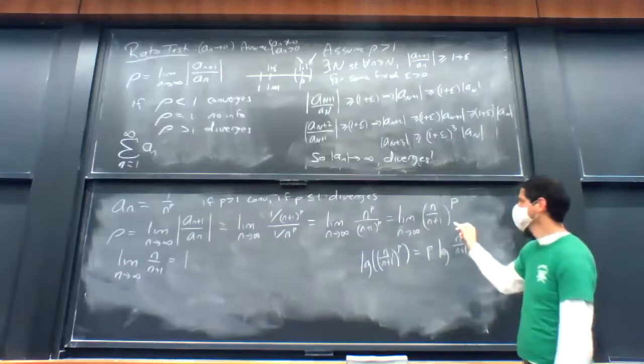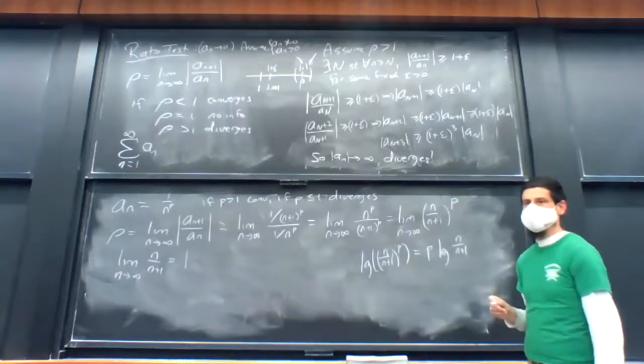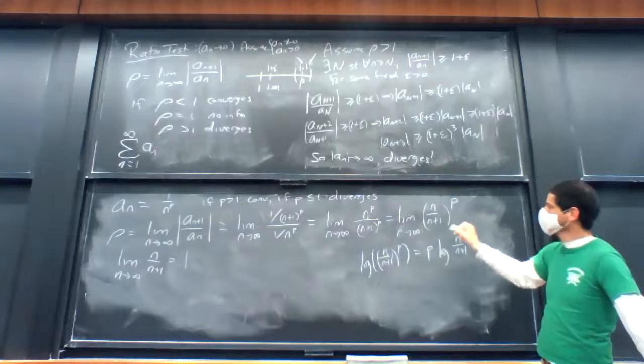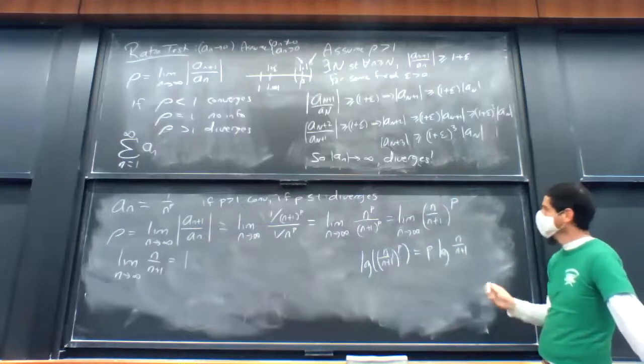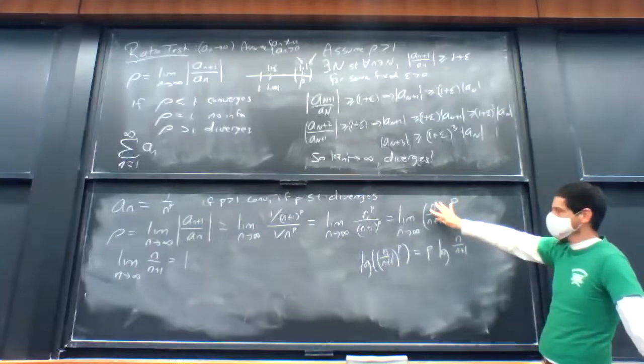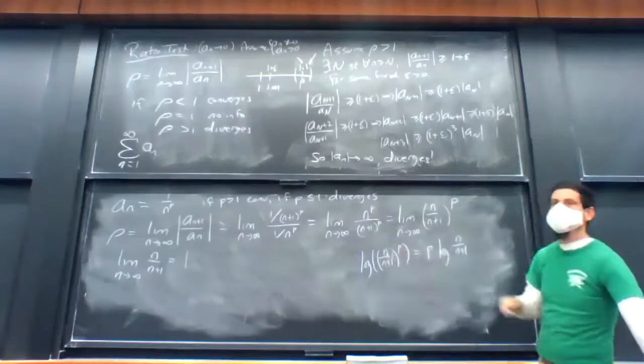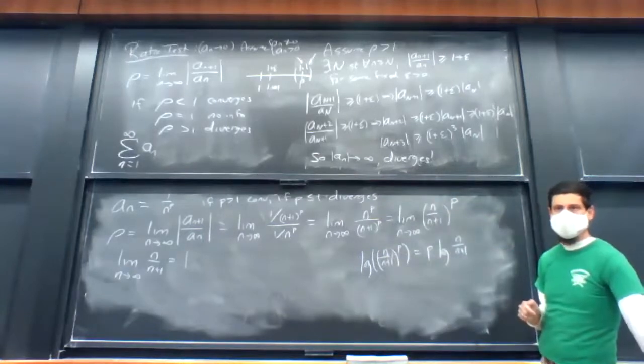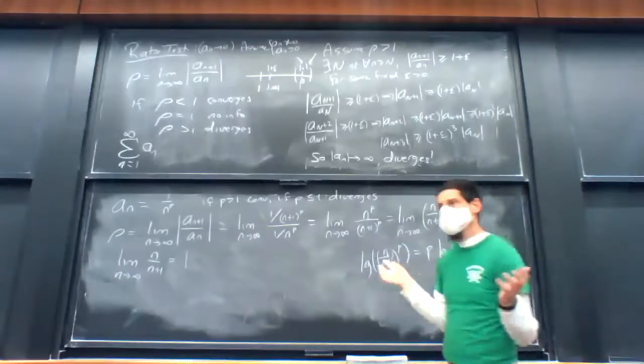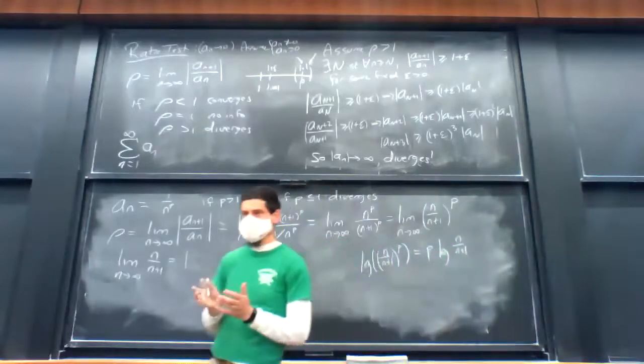And so, no information. If I go through this trick with logarithms, rather than looking at this quantity, let's study the limit of its logarithm. If I know the sequence converges to 2, then its logarithm converges to the log of 2.